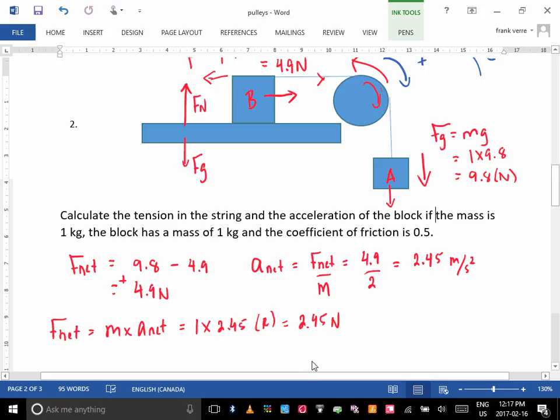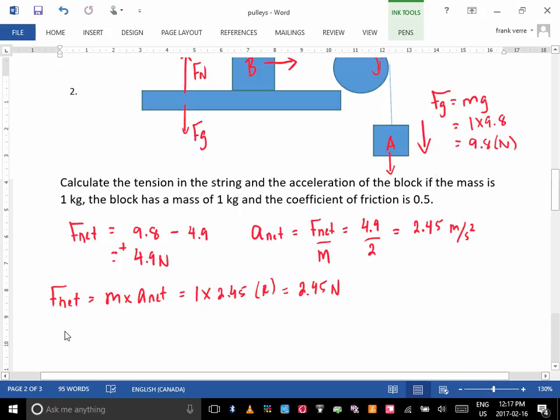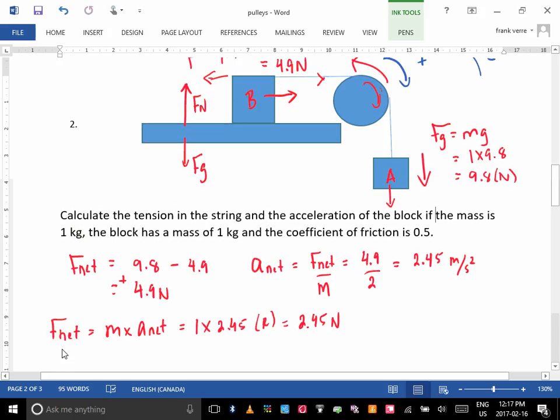So the net force on B is going to be the tension minus the friction. Agree with that?